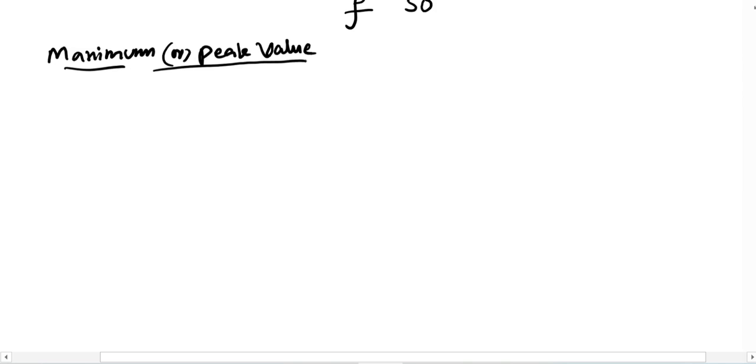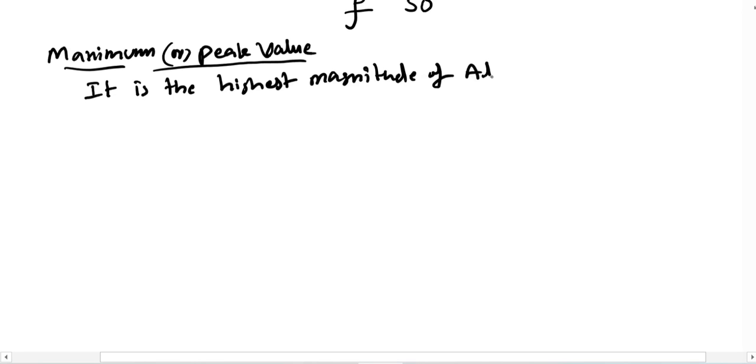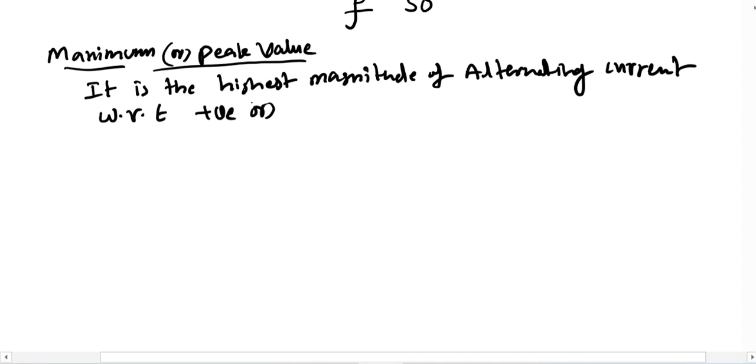It is the highest magnitude of the alternating current, with respect to positive or negative. That is the meaning I want to express here.